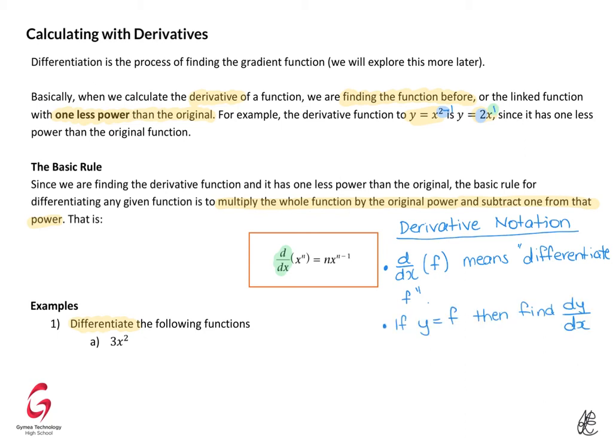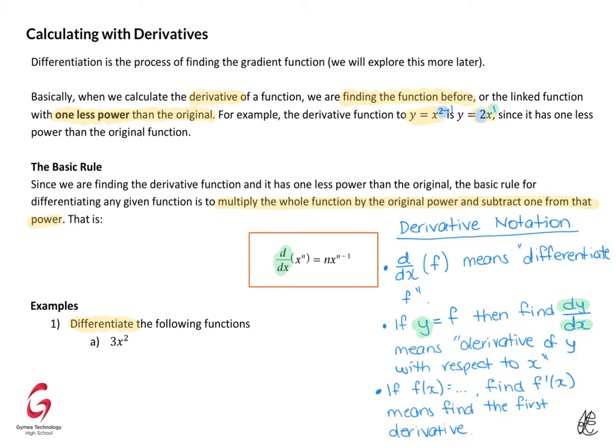The next way they might write the question is by giving you the function in terms of y first. So saying if y is this function, then find the derivative of y with respect to x. And lastly, sometimes they'll use that function notation. So the function of x is equal to some expression. And then they'll ask you to find f dash of x. And that means find the first derivative.